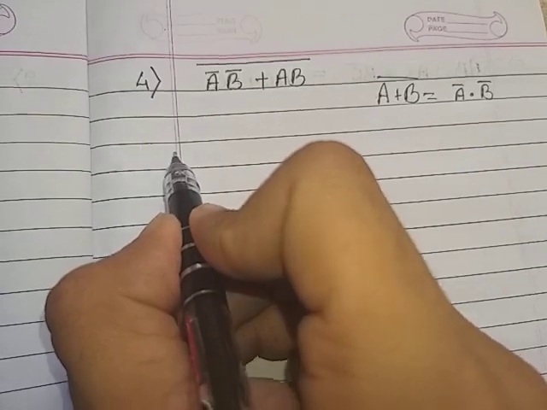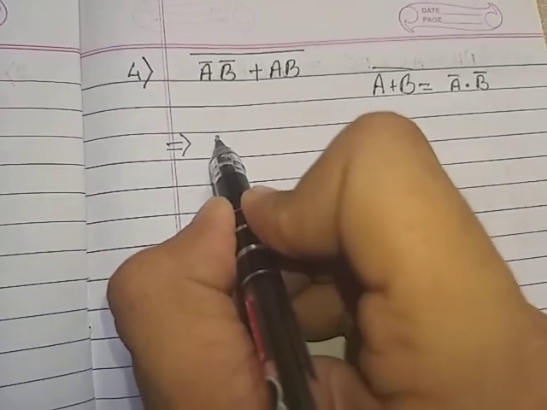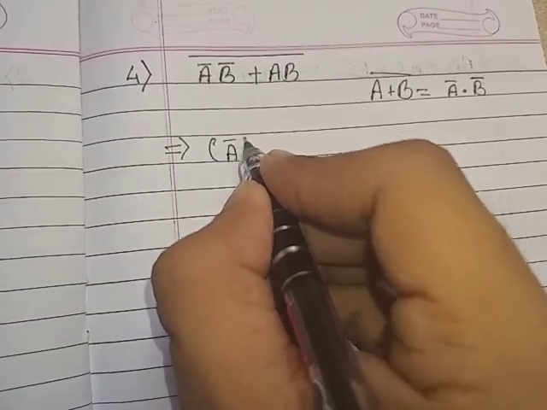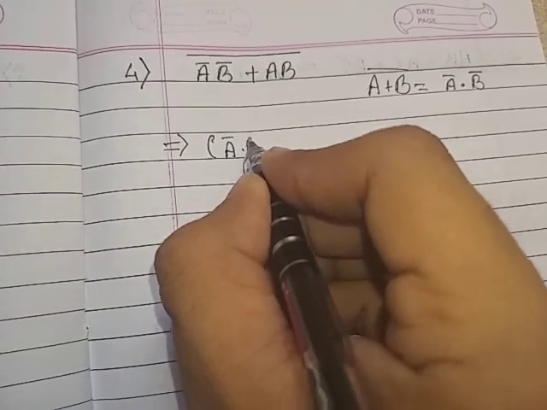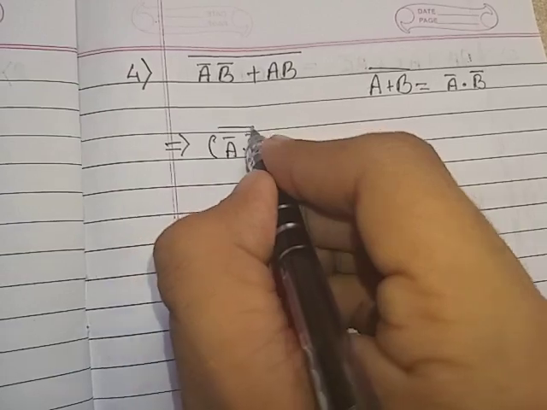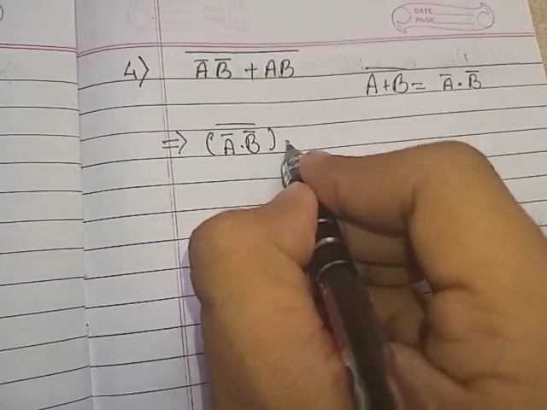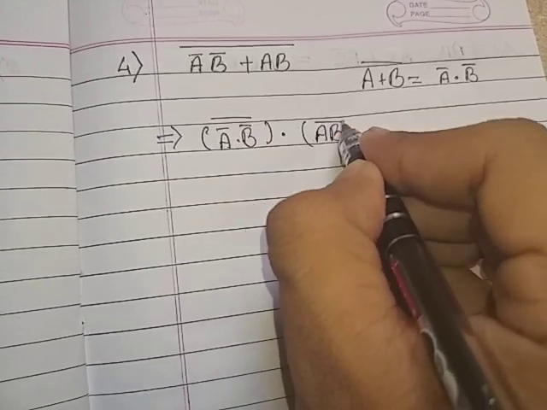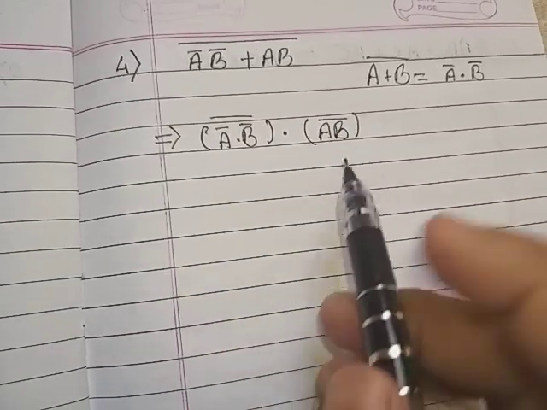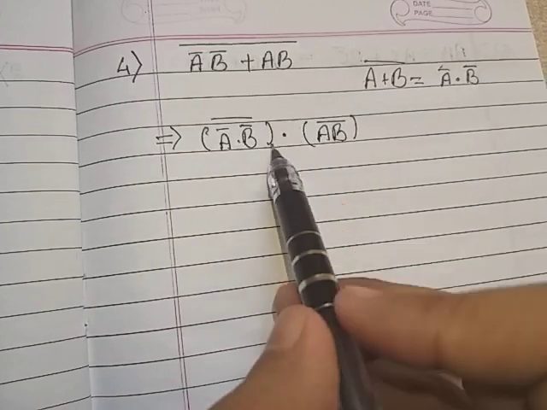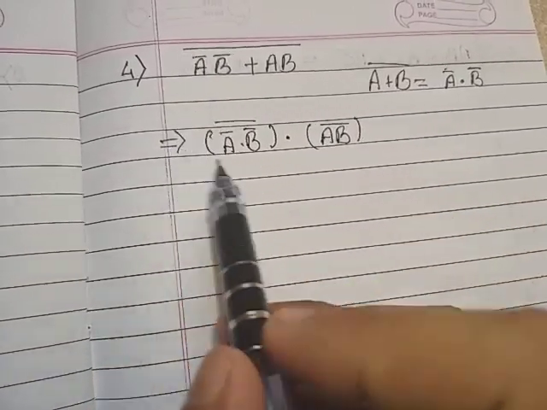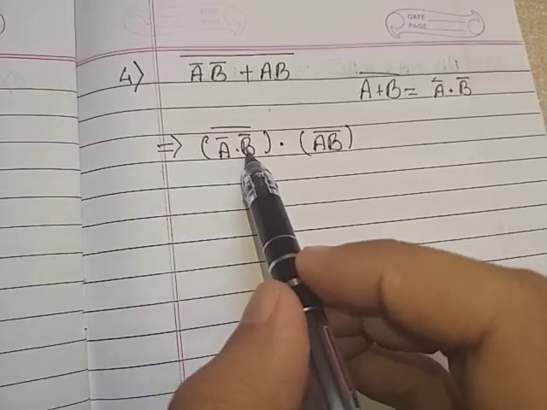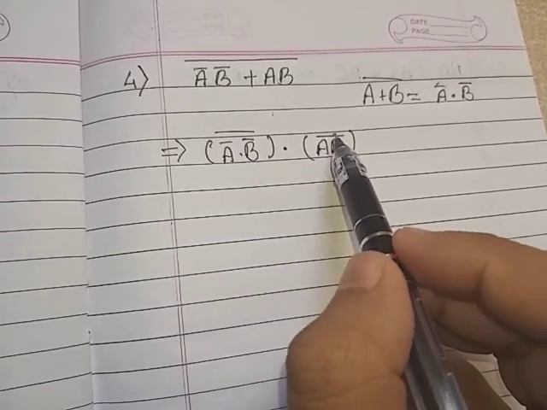Here a is equal to a bar b bar and b is equal to ab. So we get a bar dot b bar to the whole bar dot ab to the whole bar.